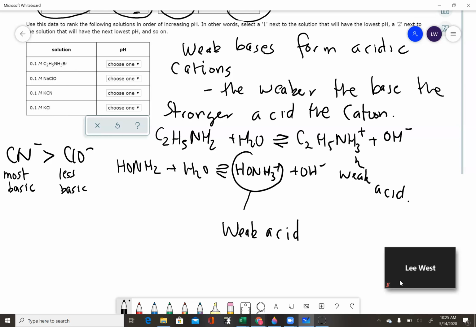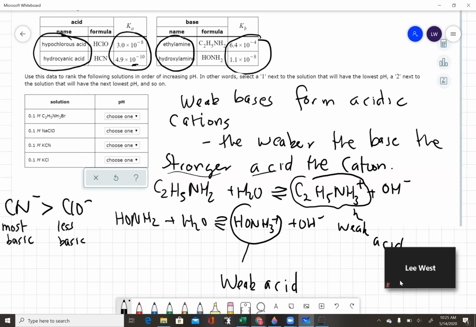So now, which one's going to be the better acid of these two cations? How we can tell that is that the weaker the base, the stronger the acid. So when I look in my table of Kbs, I see that my second one is the weaker base.